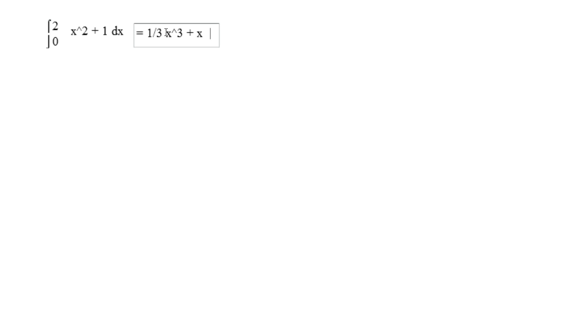Okay, and then we have our notation at the end, and we put the 2 here and the 0 here. Then we do the upper bound part first, which is going to be 1/3 times 2 squared plus 2, and then we're going to minus that.